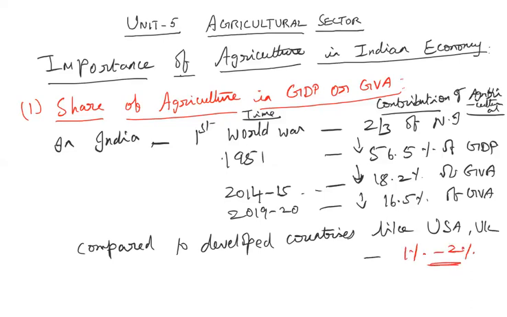When you see this 1% to 2%, automatically you should understand that agriculture occupies a major role in our country, isn't it? Even today, nearly 17% of the national income is contributed by the agricultural sector. So that is the first evidence that agriculture is important, or India is still an agricultural country.